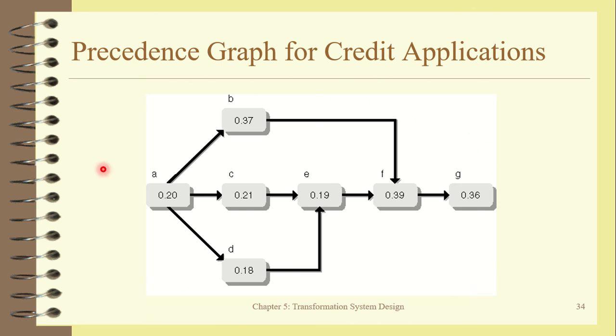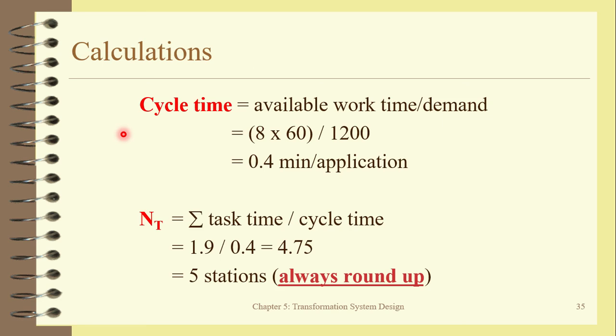It means that whenever you need to allocate tasks to the workstation, it must not violate the precedence relationship. So whenever you want to allocate tasks to a workstation, you need to come back to this one to check whether or not it violates the precedence relationship.